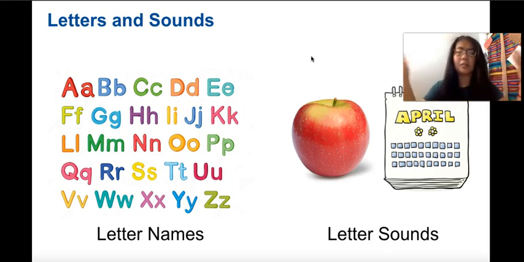But don't worry, the letter B says B, right? That's the only sound it makes, usually, right? So learning pronunciation rules can help us know the letter names and the letter sounds and when they're different.